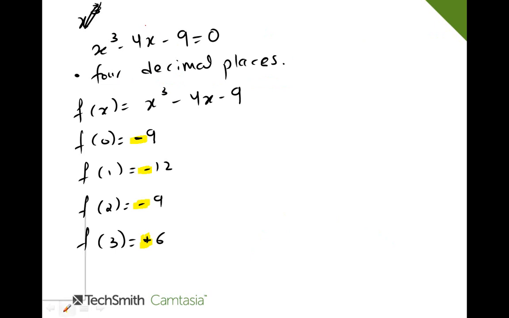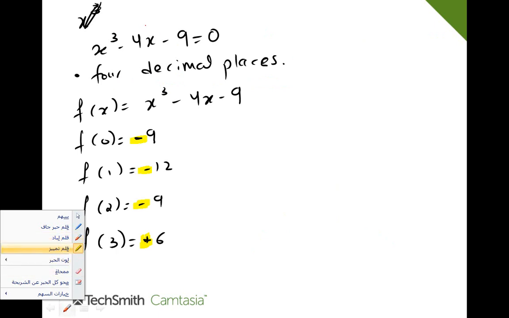So here what you're going to do will be, let me change the color.